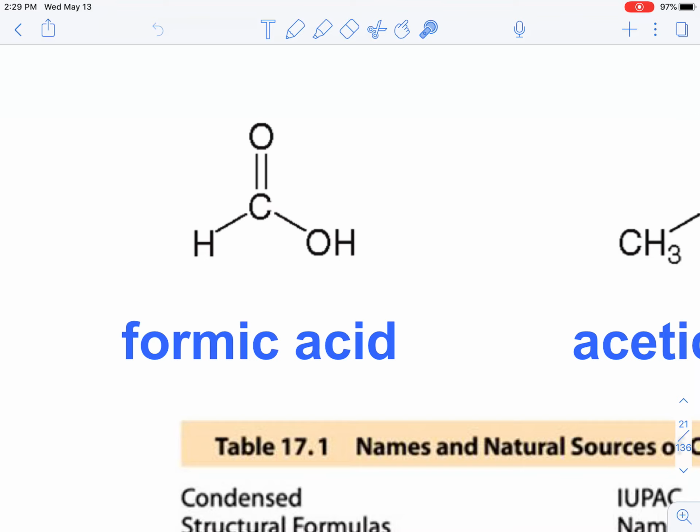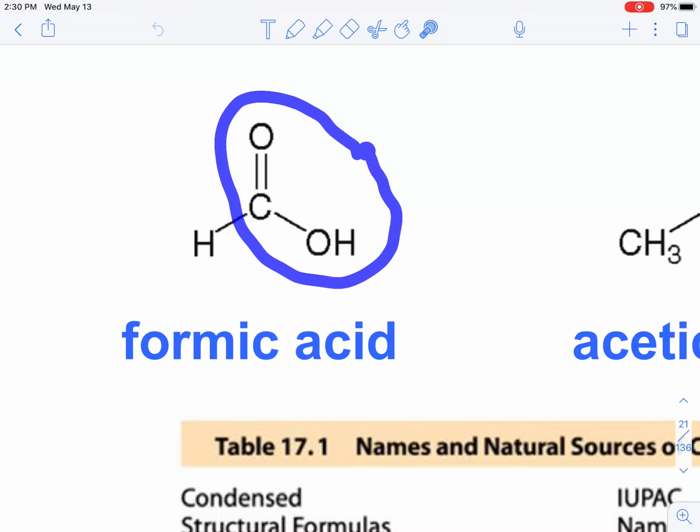A carboxylic acid falls under the carbonyl family, such that here we have a carbonyl carbon and a carbonyl oxygen. The carbonyl group is what I'm circling in blue. If the carbonyl carbon is covalently bonded to this hydroxyl group, then this whole piece is known as the carboxylic acid.